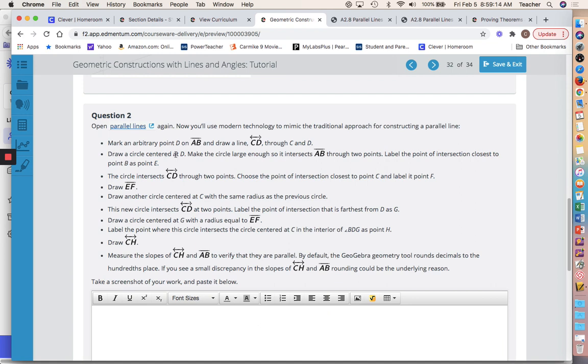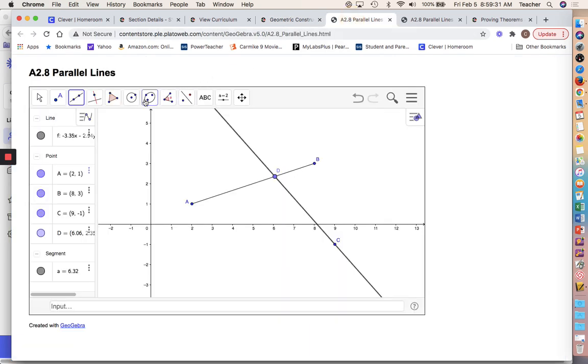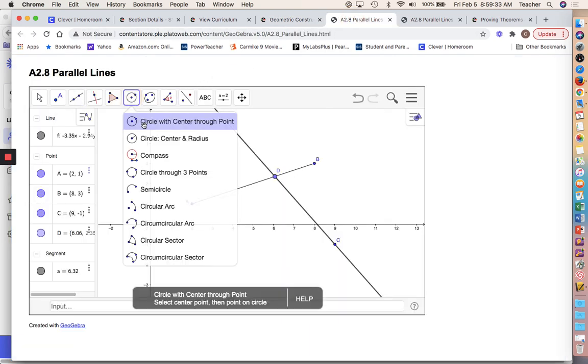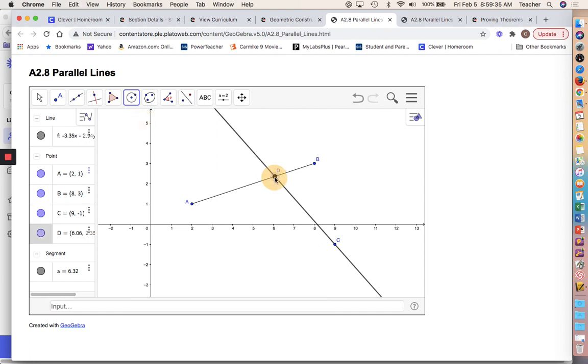Draw a circle centered at D. Make the circle large enough so that it intersects AB through 2 points. All right, so I'm going to make a circle at D, and it needs to go through AB twice. All right, circle at D, and it needs to go through AB twice.